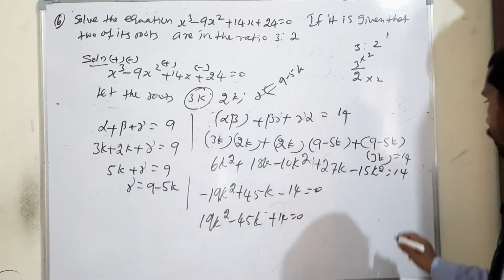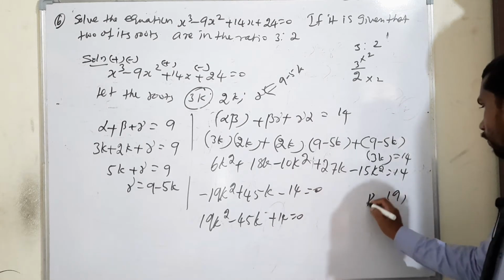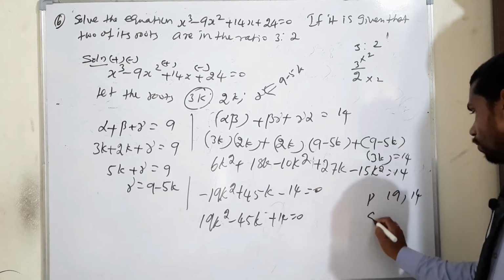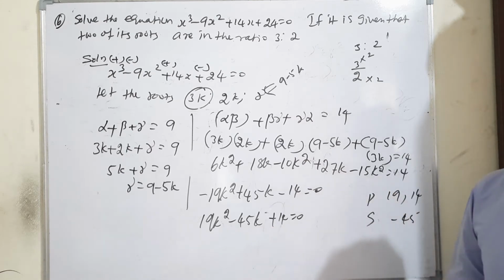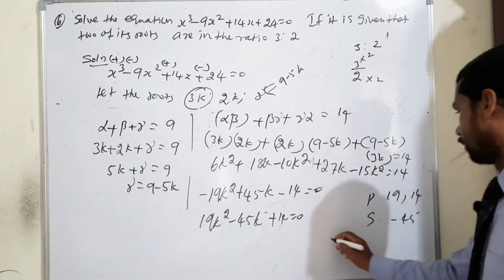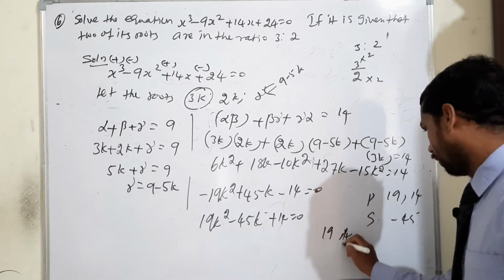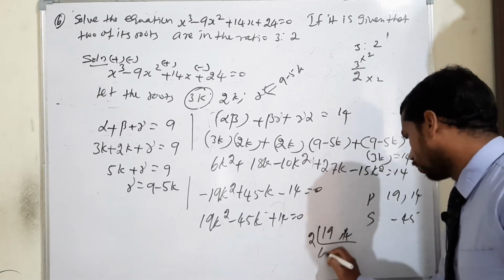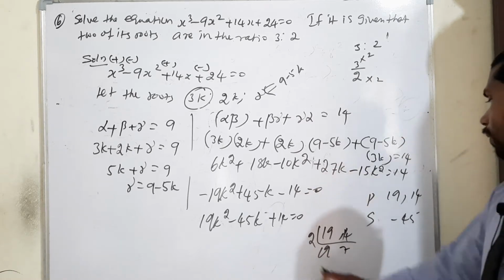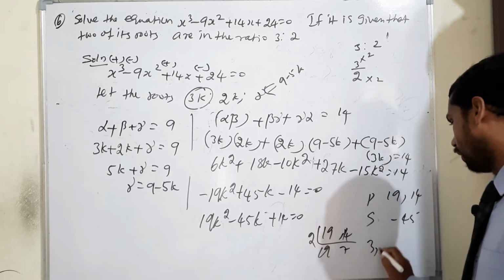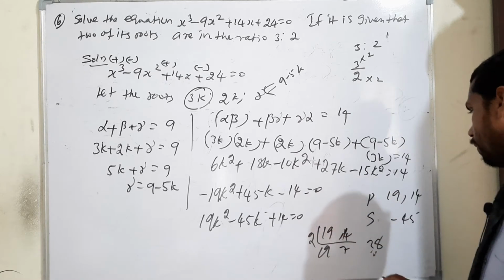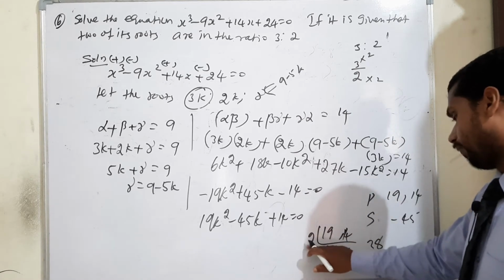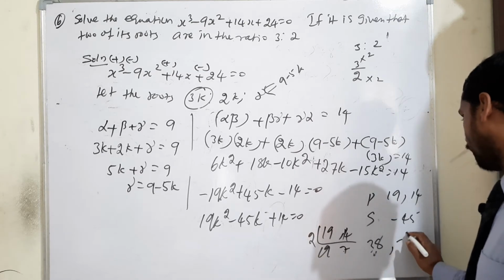Again, for the sum and product, the product value is 19 into 14. So for the sum we need negative 45. Already I told you, if the sign is negative, select one positive and one negative. So definitely take the LCM: 19 and 14, only 2 times, isn't it? So 2 times 14 and 7, because 2 19s are 38. So the first number 38, this is positive. Another one, 2 7s are 14. Sorry, 19 twos is finished. Remaining one is this. So definitely 38 comma minus 7.